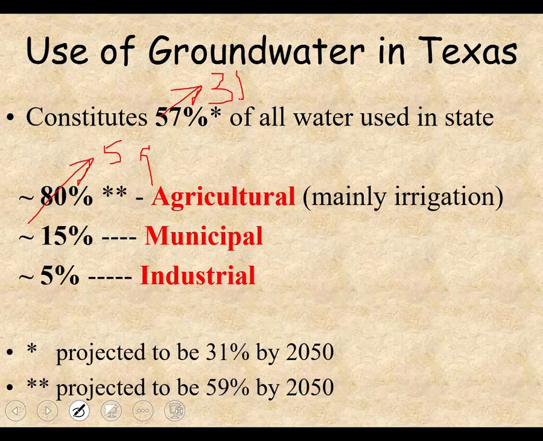So the projection is that the total amount of groundwater that we're going to use is going to be almost cut in half, from 57% to 31%, and that the bulk of that is going to come from irrigation. So what we're saying is that we're going to, as a state, be using irrigation a lot less.